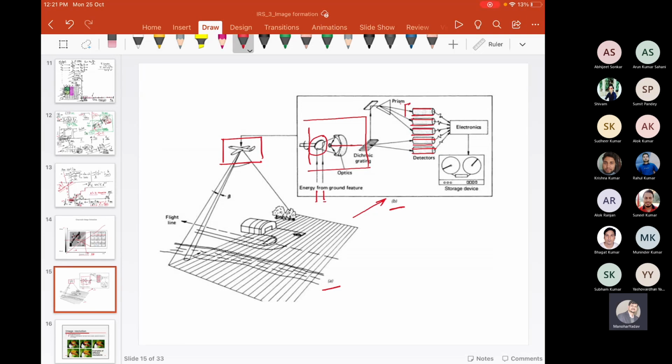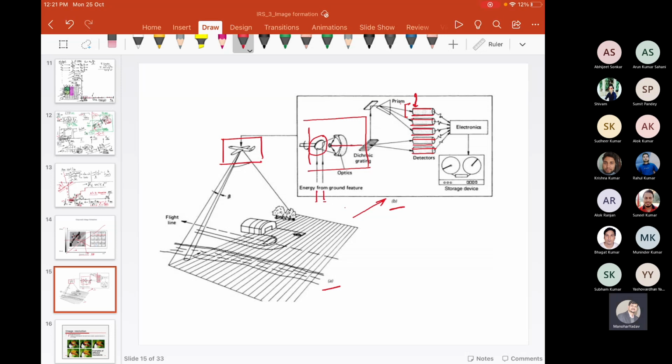Each spectral band senses energy in its respective sensitivity zone, like what is the wavelength range where this particular sensor senses the energy.